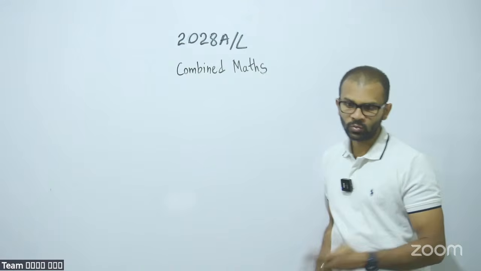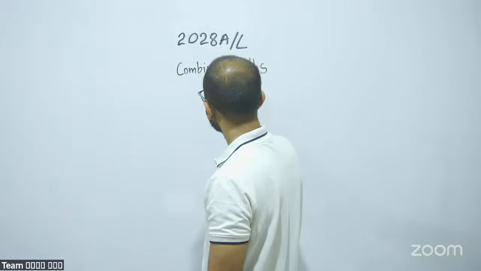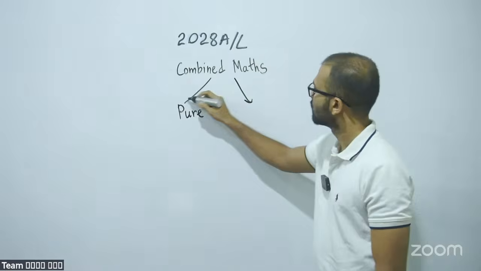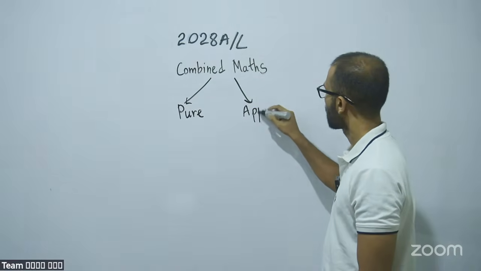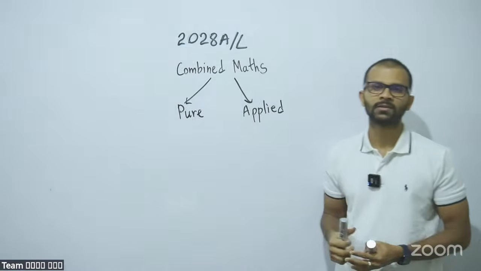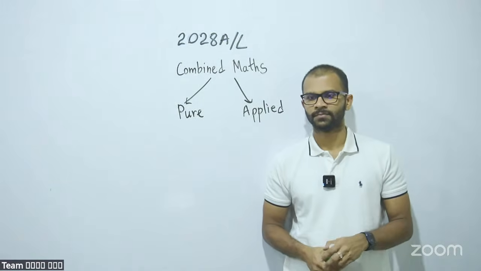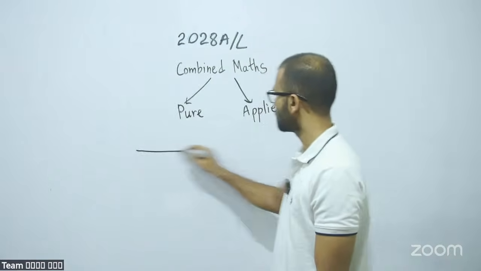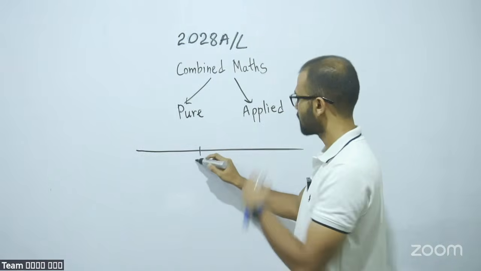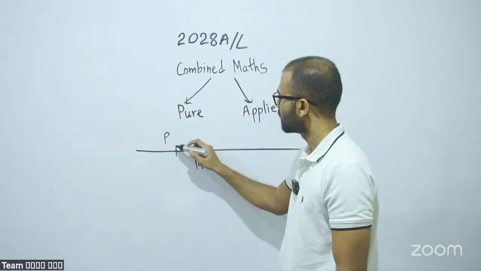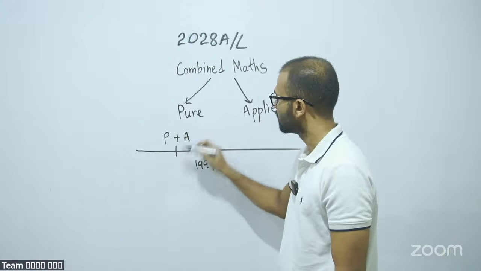So we have two parts here, mainly pure and applied. There are two parts, pure mathematics and applied mathematics. So before 1999, there were two papers, pure and applied.